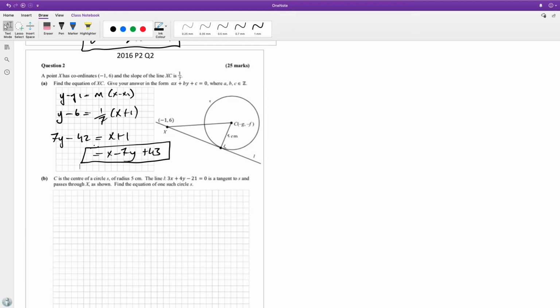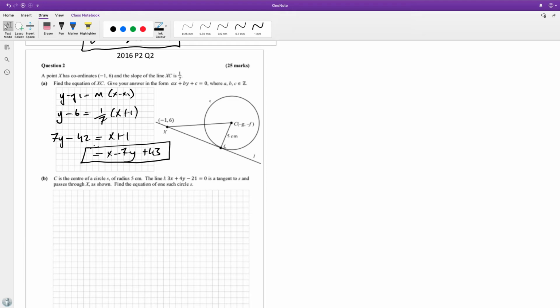Now, when you start seeing lines like that, what should we do? Distance from a point to a line. We want to get here down to here. What is the formula for distance from point to a line?